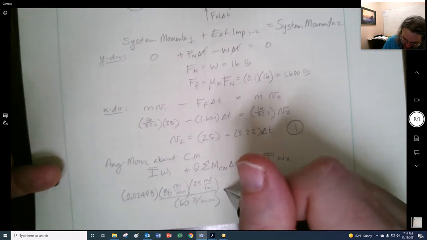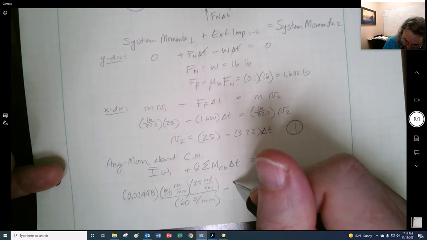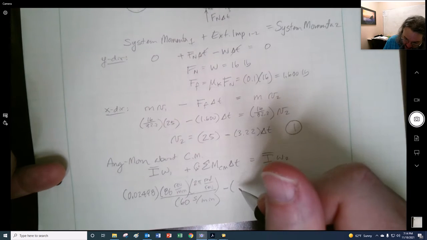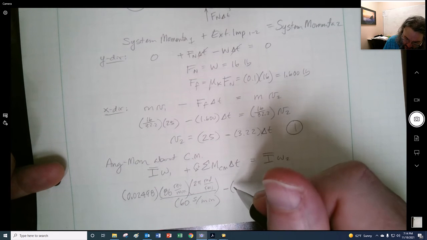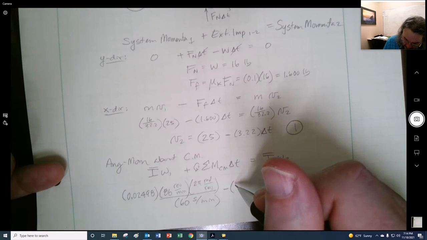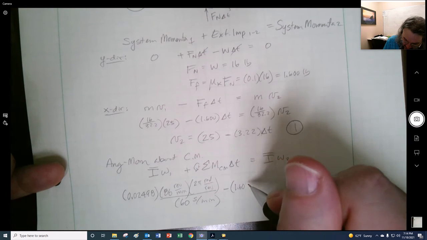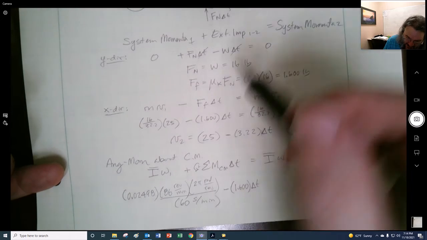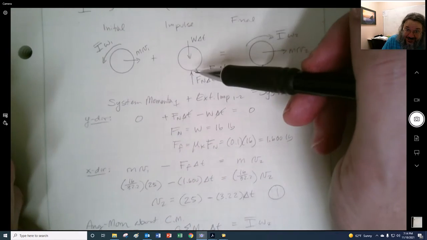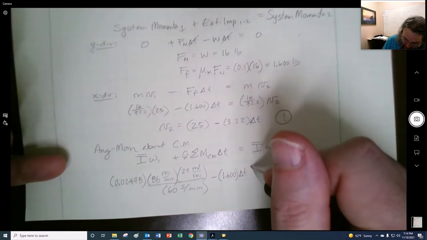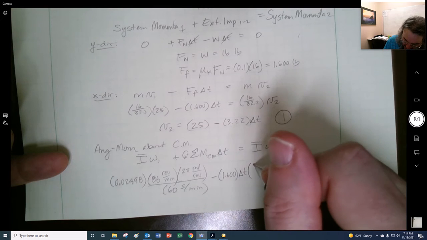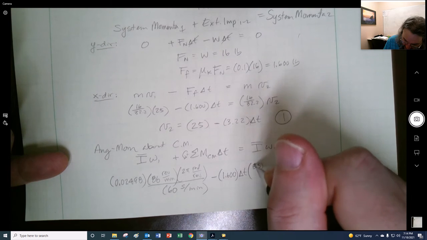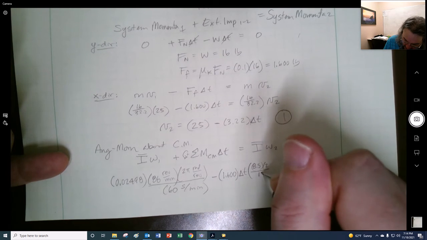So it's going to be negative, and it's going to be the friction force. So I should have done this in symbols, but that's okay. I didn't. I think maybe you can understand what we're doing it for. 1.6 times delta t, but that's going to be times the radius of this thing, which I never calculated, so it's going to be the diameter, 8.5 divided by 2 divided by 12.